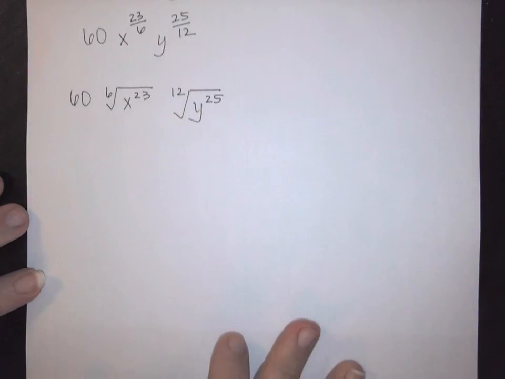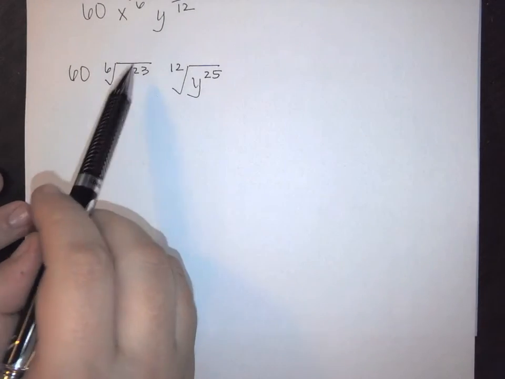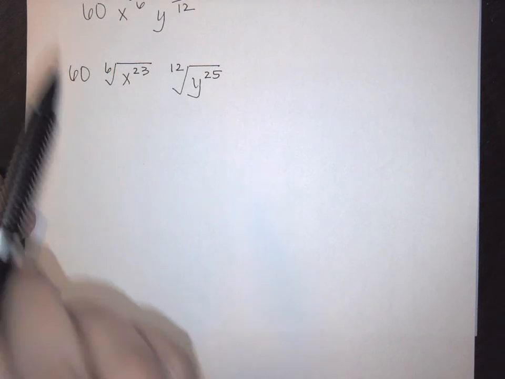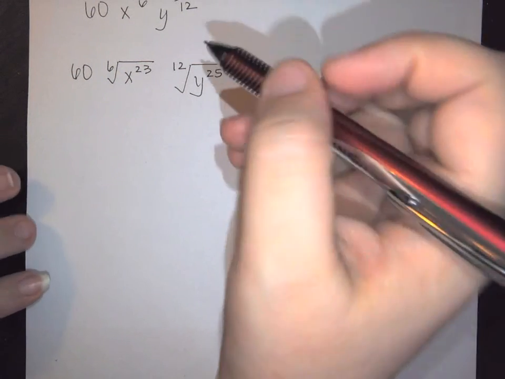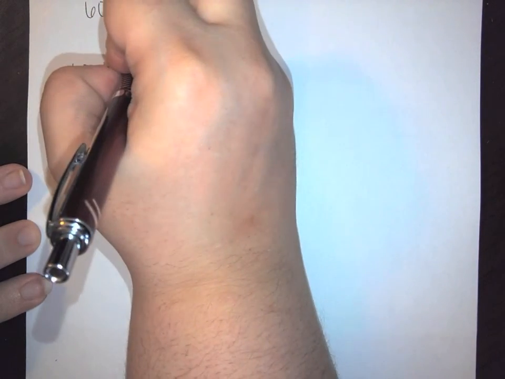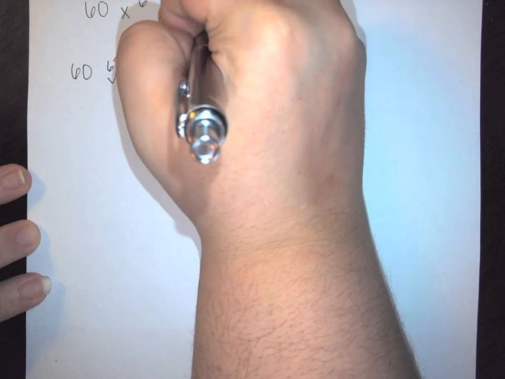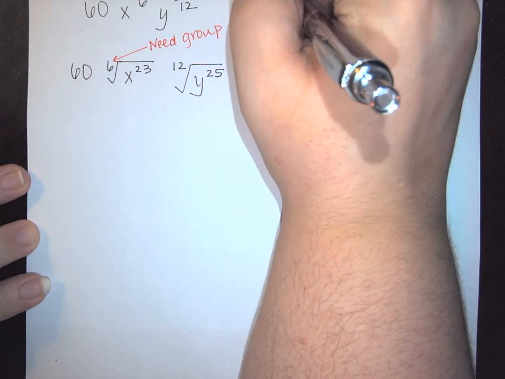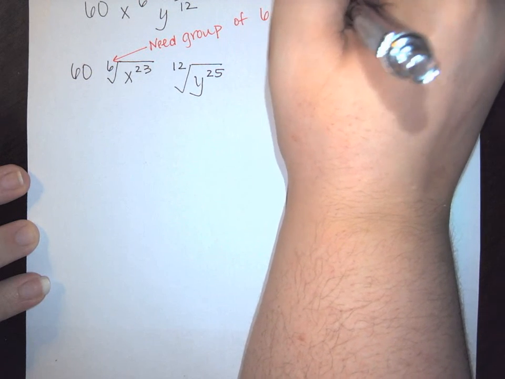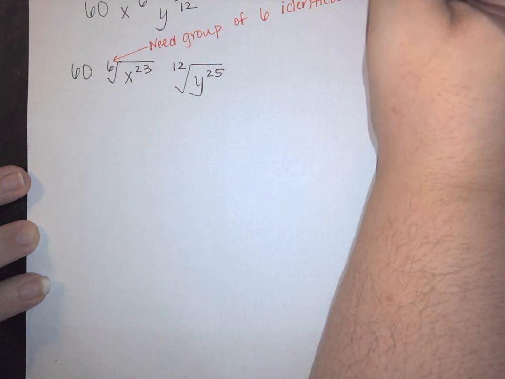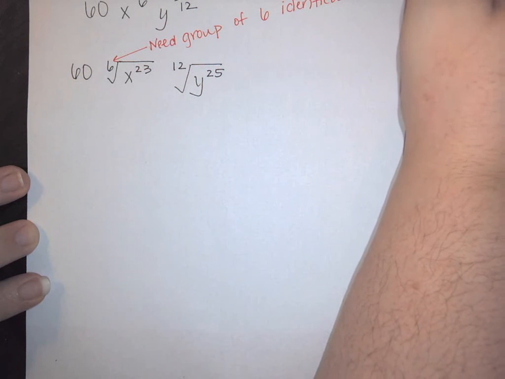Now we're not done because we have to reduce, and what you notice is that this is a 23, and the 6 here tells you how many groups you need to pull out. So this 6 says that you are going to need a group of 6 identical numbers or terms.